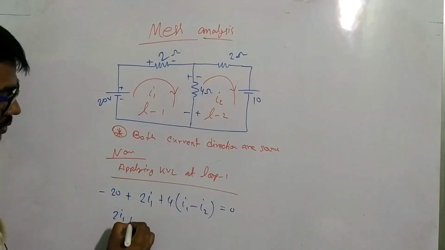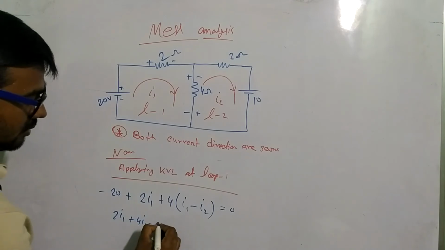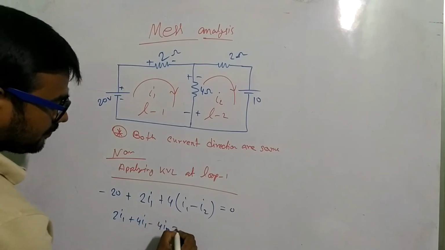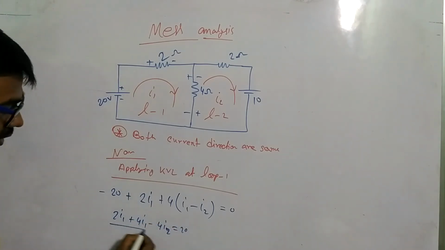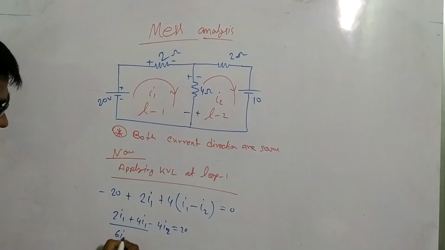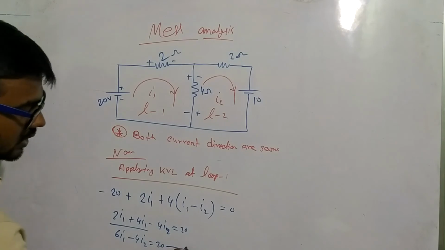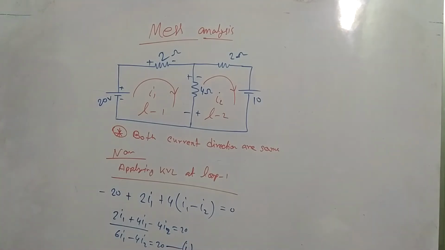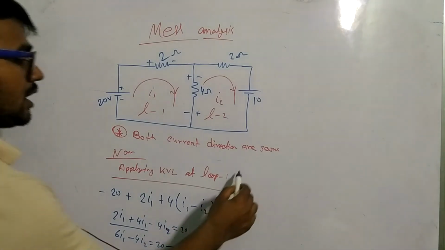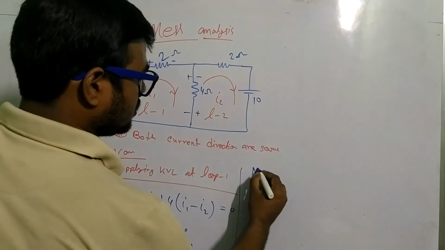So 2I1 plus 4I1 minus 4I2 equals 20. So 6I1 minus 4I2 equals 20. Equation 1.